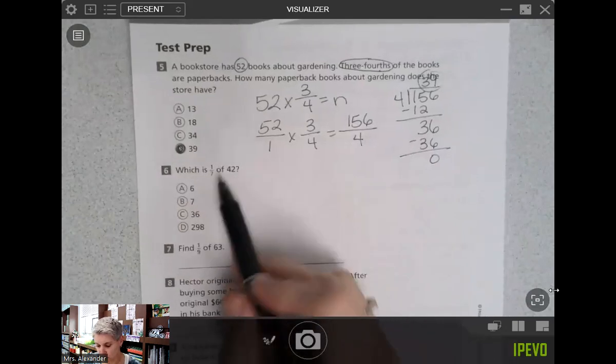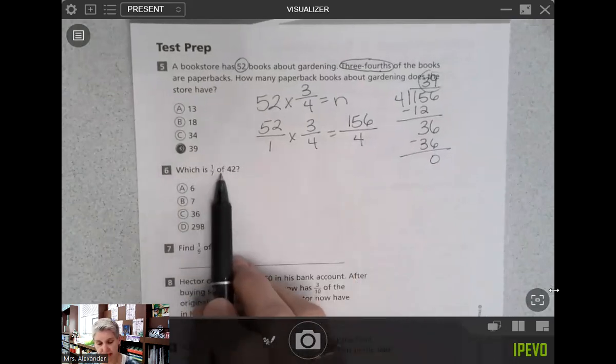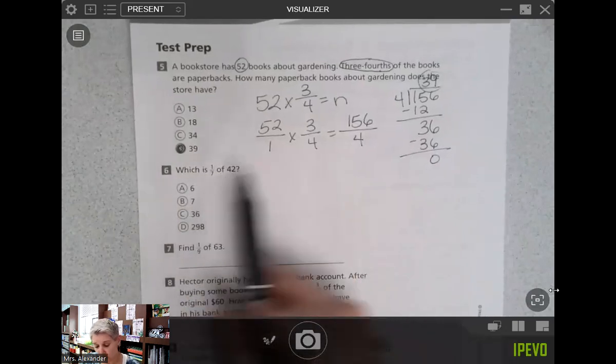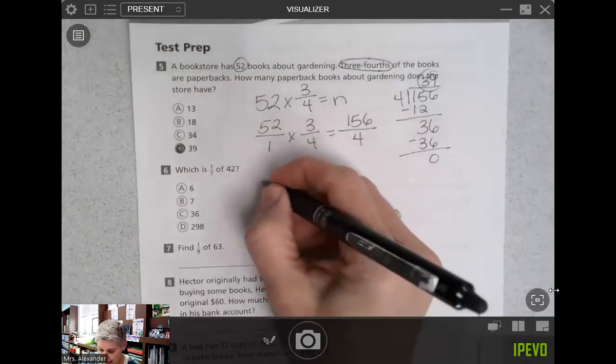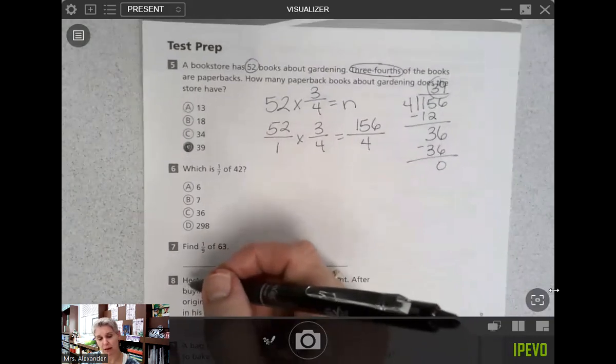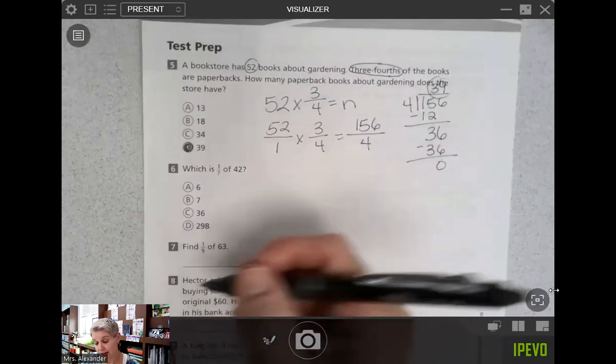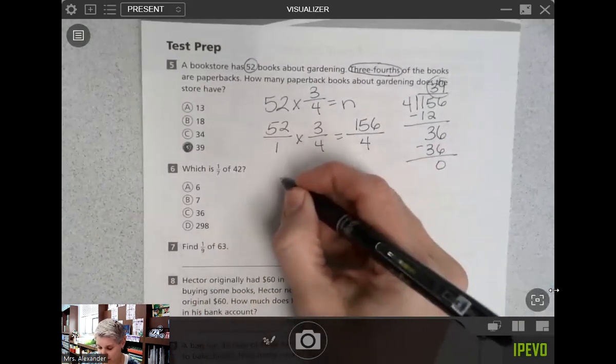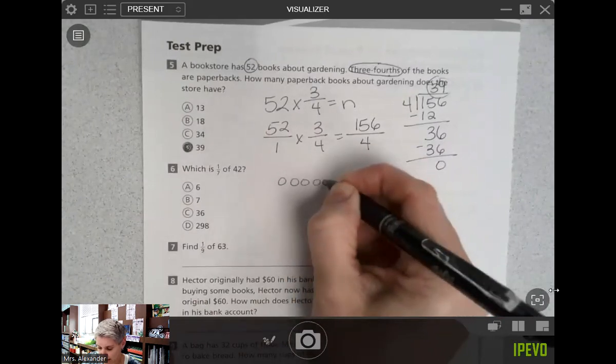Let's see about this one. Which is 1/7 of 42? So we could draw out 7 in a group until we get to 42. How many groups of 7? That would be 6 groups of 7. 1, 2, 3, 4, 5, 6, 7.